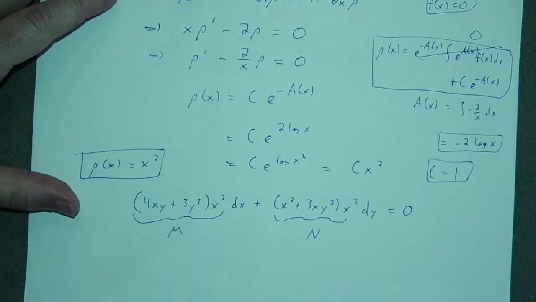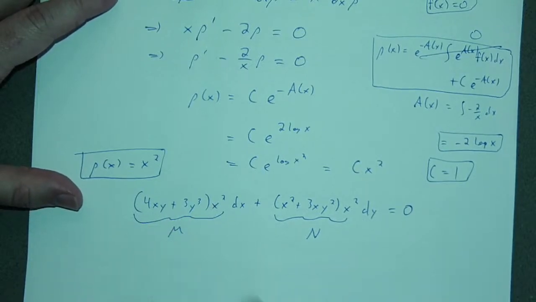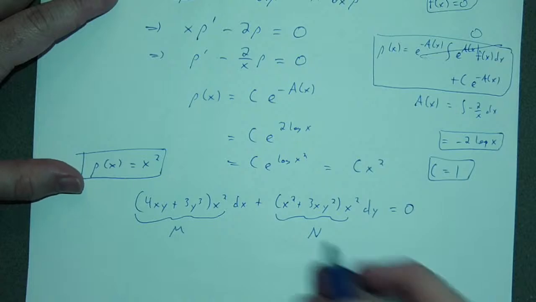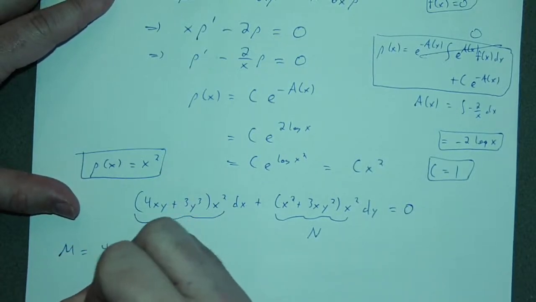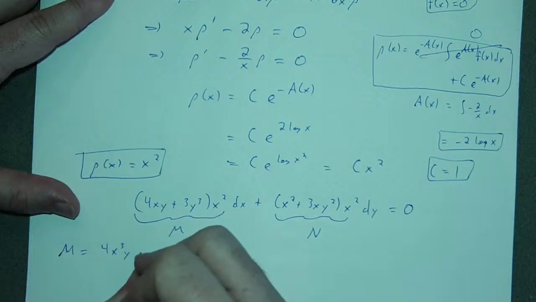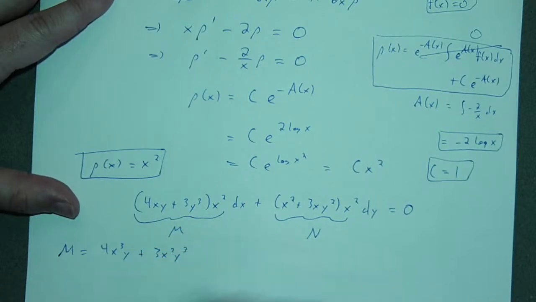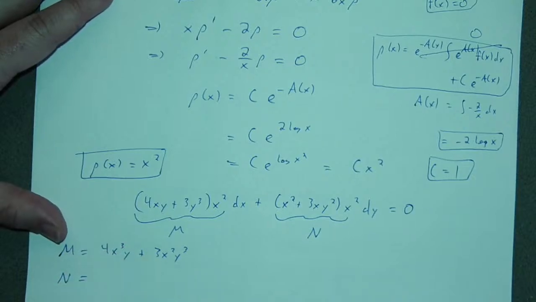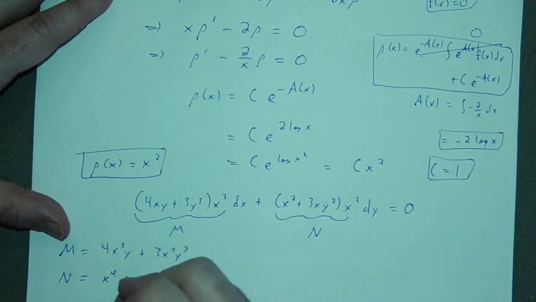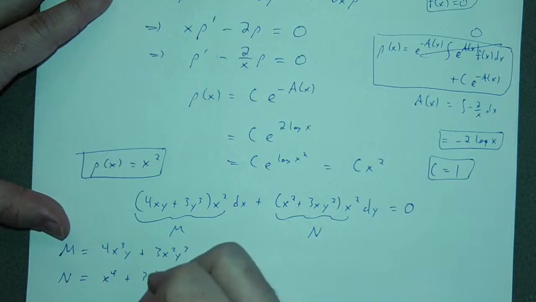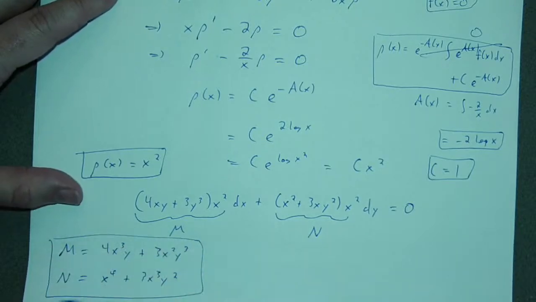Let's make our lives easier by expanding this. M is 4x cubed y plus 3x squared y cubed, and N is x to the 4th plus 3x cubed y squared. So let's check here.